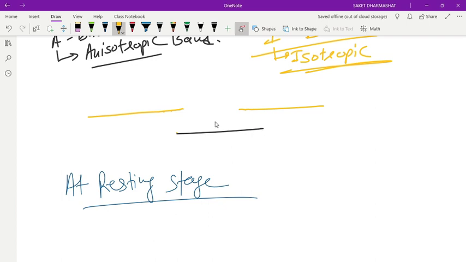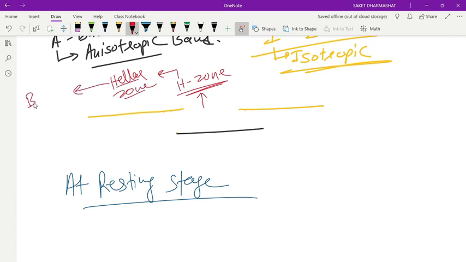In the middle zone where the thin filament is absent, this zone is called the H zone, or Hensen's zone. H means Hell, meaning bright.